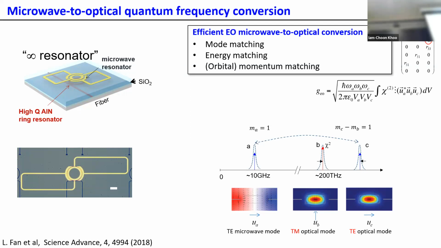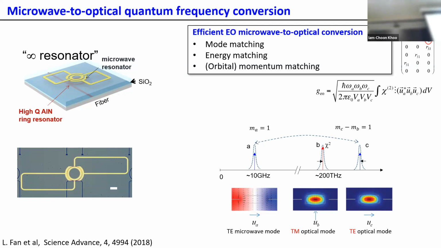That basically forces us to choose the S13 index, which means the component modes should be 1,1,3. So my microwave mode and the two optical modes have to be TE and TM modes. One of the modes, the TE mode, is pumped and converted with the microwave TE mode to the optical TM mode.